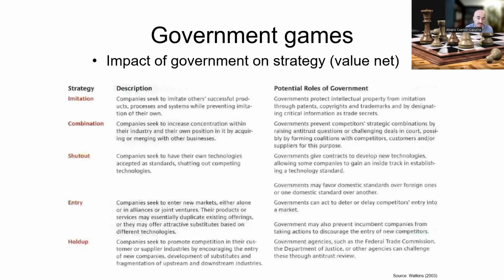Or hold up, which is basically I want them to be more competitive so that they cannot exercise market power against me. So why can I ask not just within my industry, but thinking about other industries, can I ask basically the government to intervene there? So these are the many different options in terms of the relations among companies.